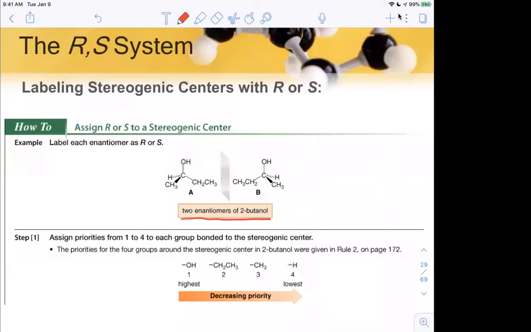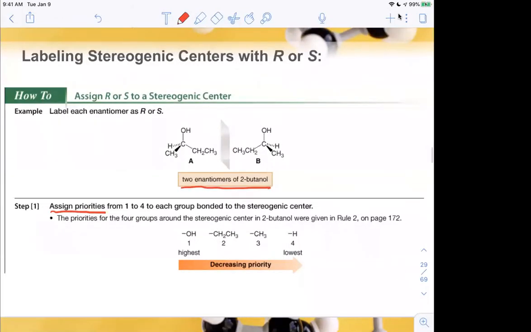Here are my 2 enantiomers of 2-butanol. What I want to do is assign priorities. So on this carbon, I have an OH, which is the highest priority. I have a carbon attached to a carbon, which is the next highest.